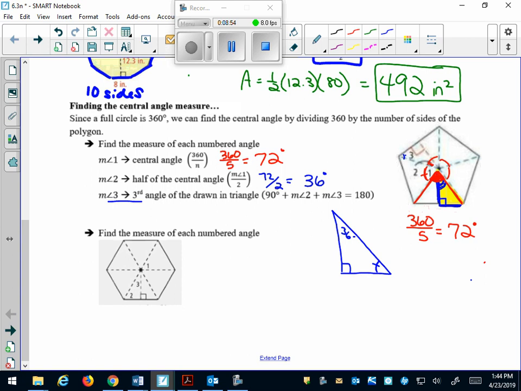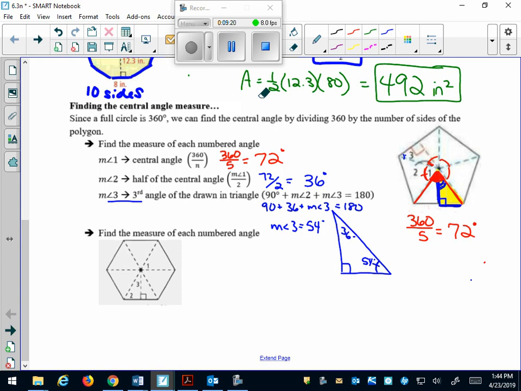How can we get angle 3? They add up to 180, right? So we've got 90 plus 36 plus the measure of angle 3 equals 180. And so the measure of angle 3 in this case is 54 degrees.